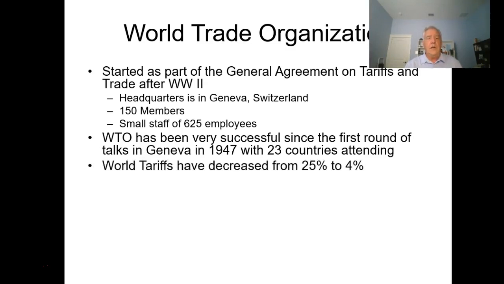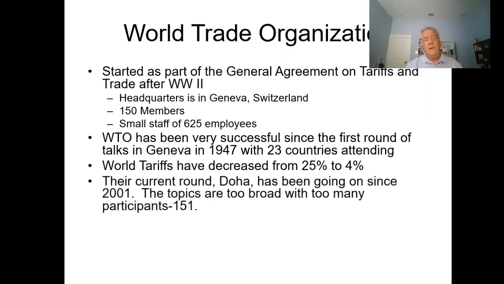So as a result of their efforts, world tariffs decreased from the post-war era from 25% down to 4% of gross domestic product. So they had a huge impact on tariffs around the world.